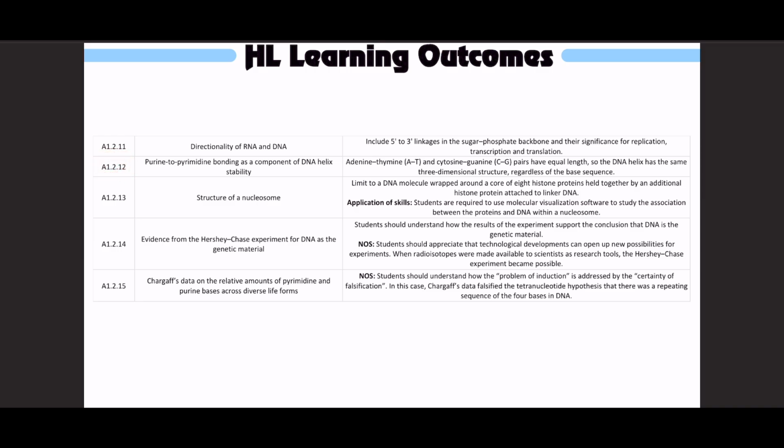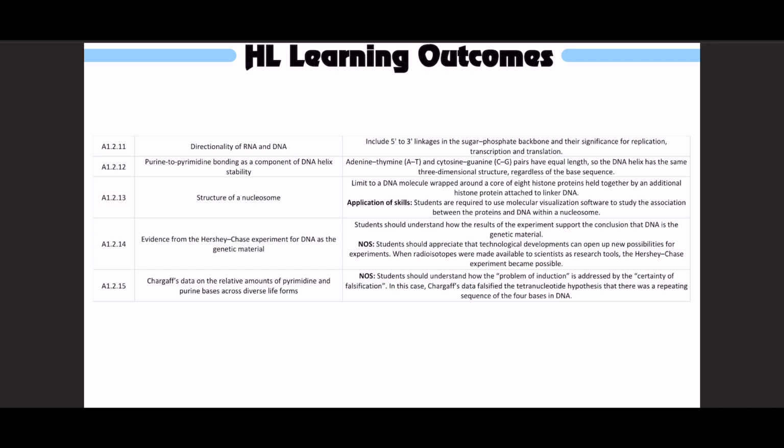We then further explored the purine-pyrimidine bonding and the fact that because of complementary base pairing and because it's always a double ring and a single ring bonding together, it makes the DNA helix stable, having a consistent diameter, regardless of the base sequence.